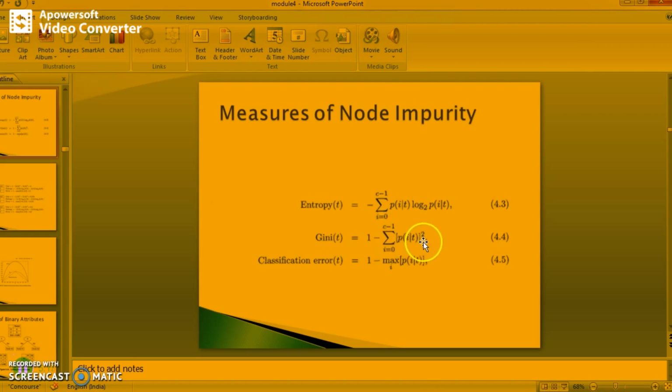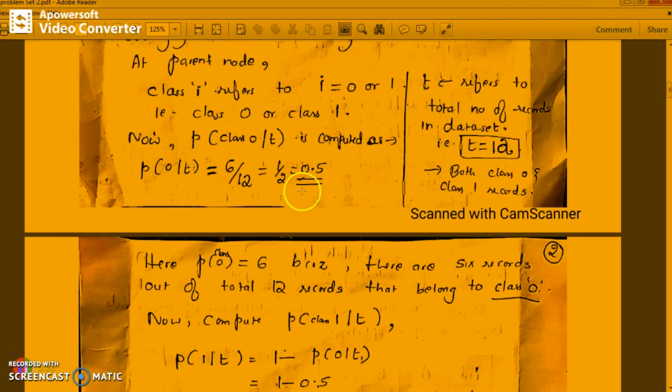So 0.5 plus 0.5 gives 1, and then subtract that summation value, 1, from 1. So 1 minus 1 is 0.